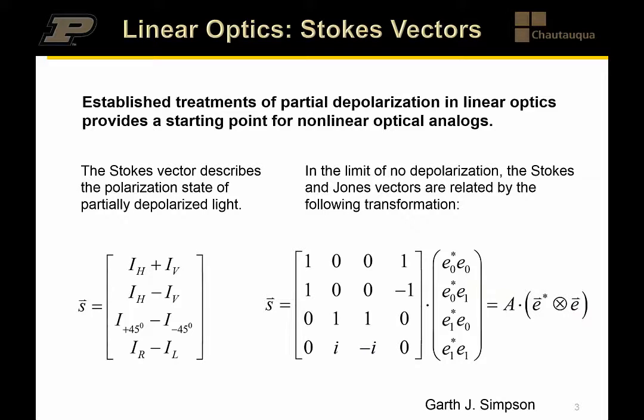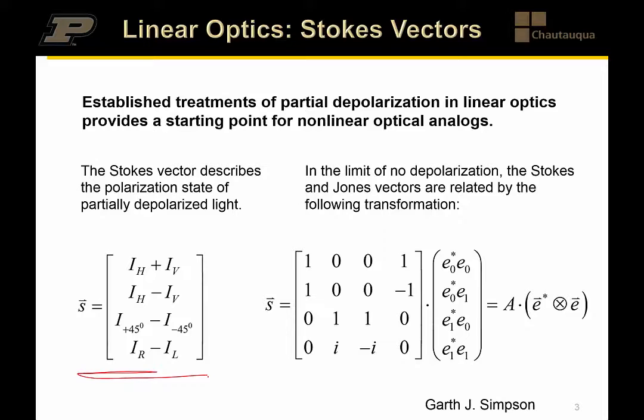But if we introduce the possibility of partial or complete depolarization, then now we need a more general formalism. And the more general formalism is the Stokes vector and the Mueller matrix. So the Stokes vector, which is given by S over here, is based on intensity differences rather than field differences. And as a result, it's always purely real valued in terms of its entries.